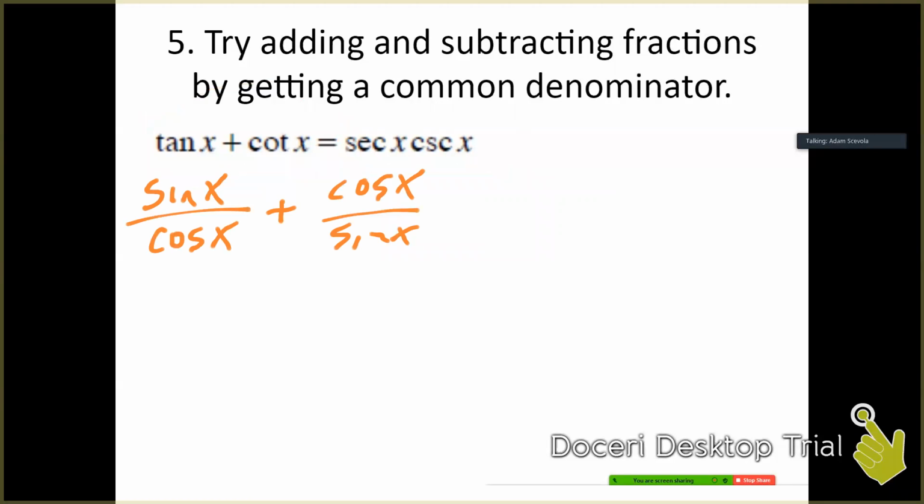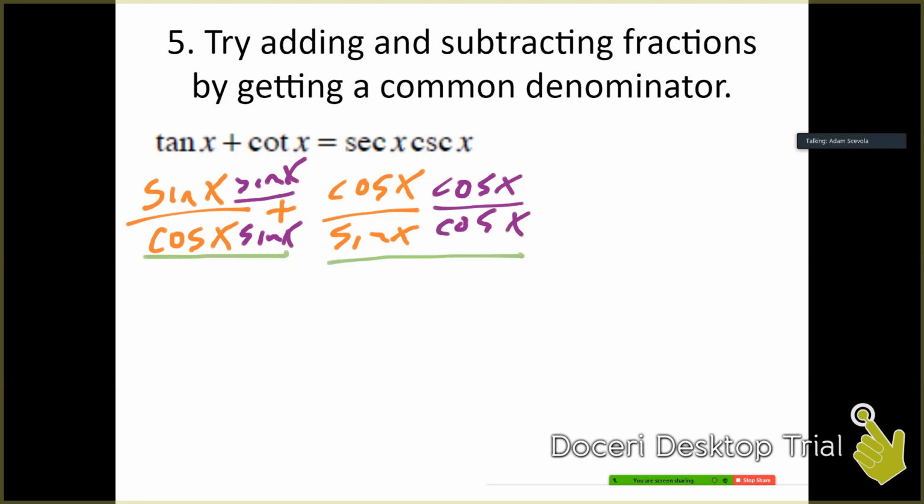Okay, now we could get a common denominator, and we can multiply this by the sine of x over the sine of x, and multiply this by the cosine of x over the cosine of x. All right, we're allowed to do that because that's a form of 1, and 1 times anything is itself, so it's not changing the value. Okay, now the denominators are the same.